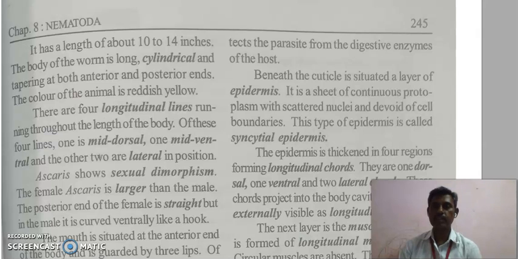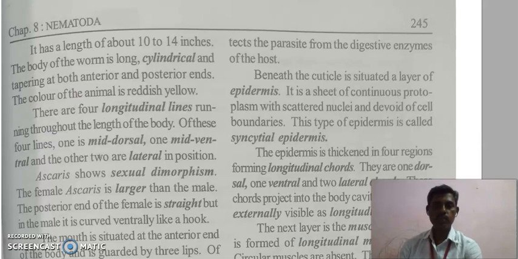There are 4 longitudinal lines running throughout the length of the body. Of these 4 lines, one is mid-dorsal, one mid-ventral, and the other 2 are lateral in position. As I have told earlier, Ascaris shows sexual dimorphism.